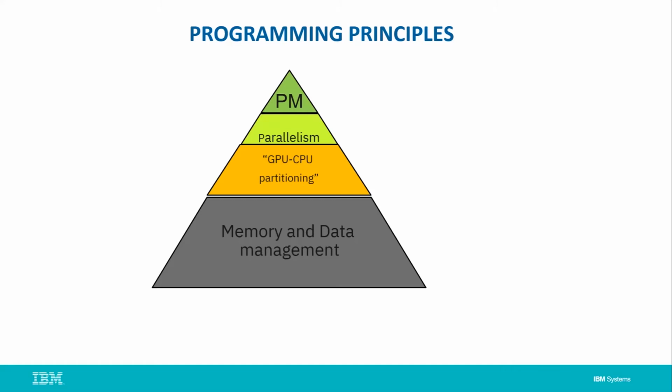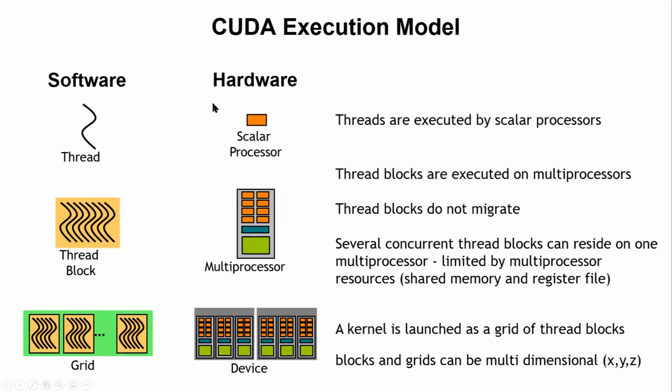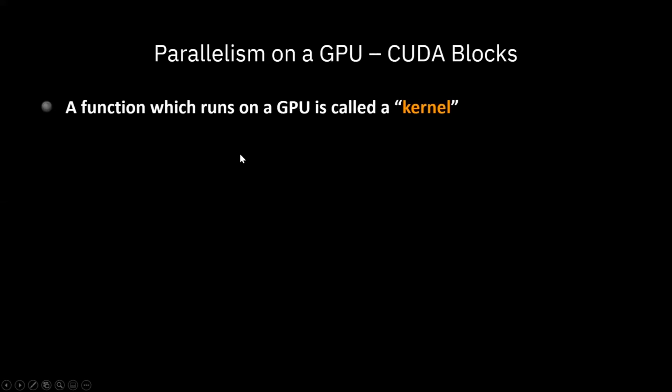The key point is really to understand where the data is. We talk about parallelism, and usually we think about compute parallelism, but now the issue is becoming more about data parallelism. So again, software threads correspond to a scalar processor, a thread block to a multiprocessor, and the grid will run on the device. Just to fix the naming convention, a function that runs on the GPU is called a kernel.